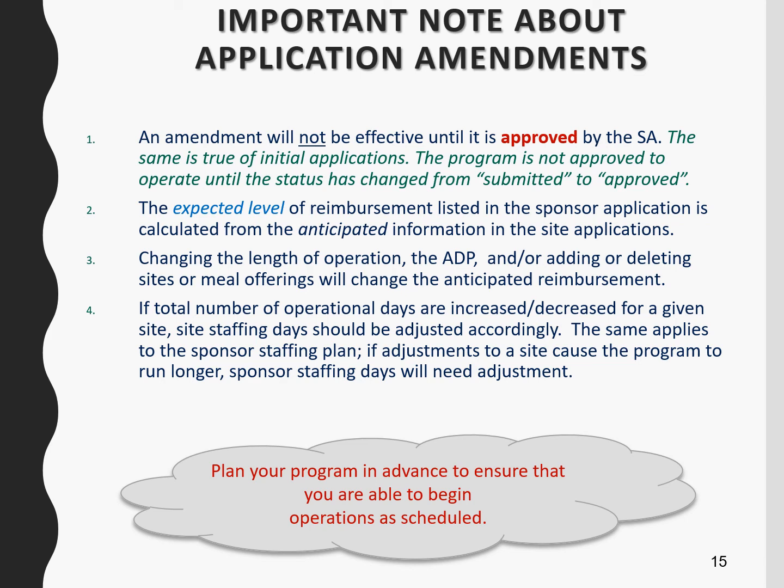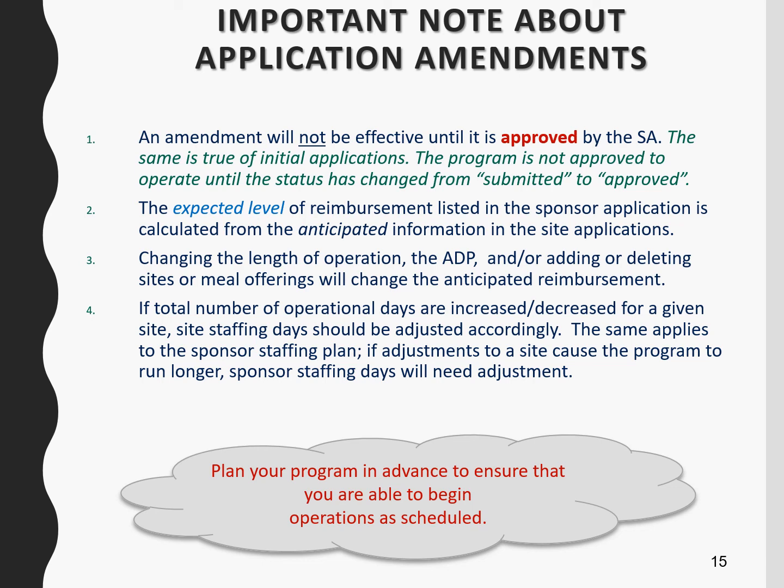Number 2. The expected level of reimbursement listed in the sponsor application is calculated from the anticipated information in the site applications. Changing the length of operation, the average daily participation, and/or adding or deleting sites or meal offerings will change the anticipated reimbursement.